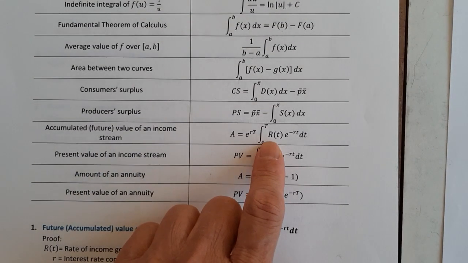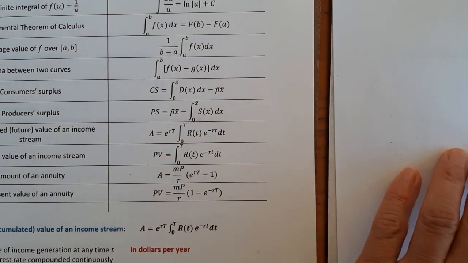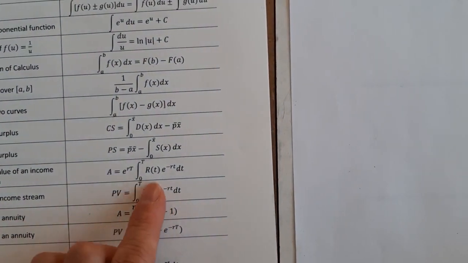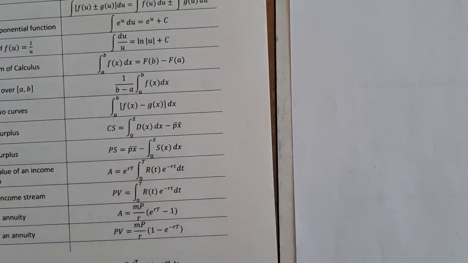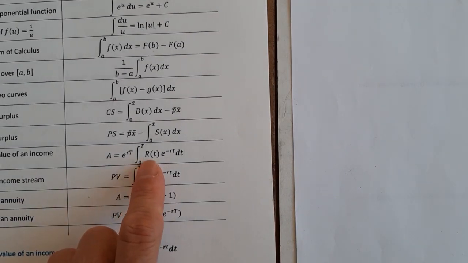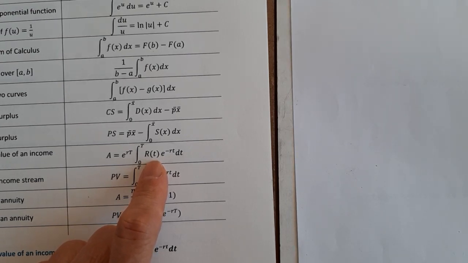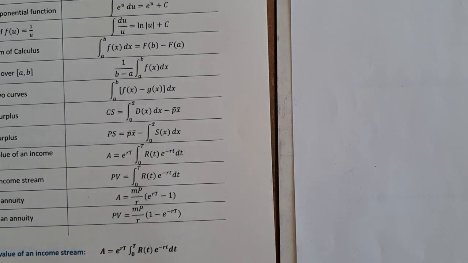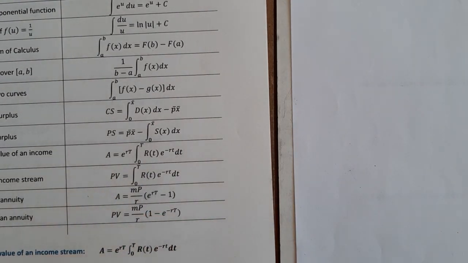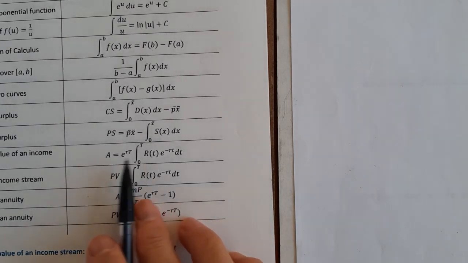If the rate R of t is per year, and you deposit this income into a bank account and earn interest compounded continuously, and per year you deposit a different amount, R of t changes with time t, the formula is going to be this.